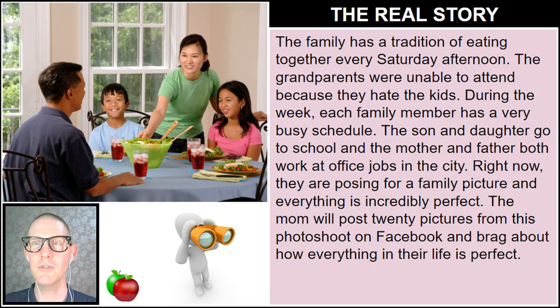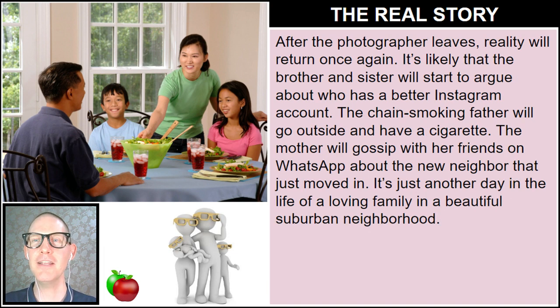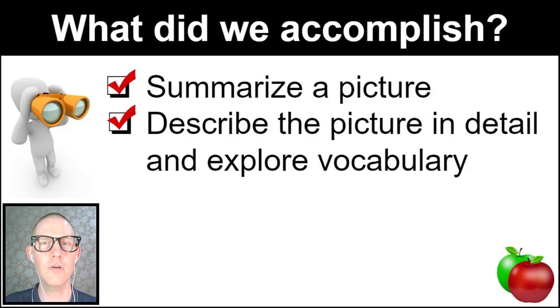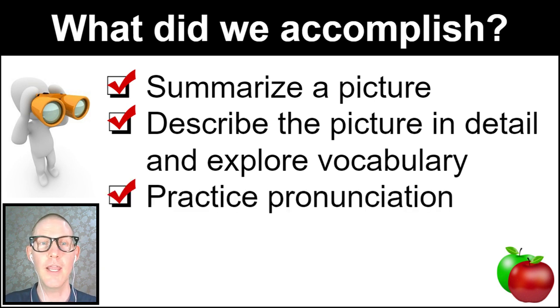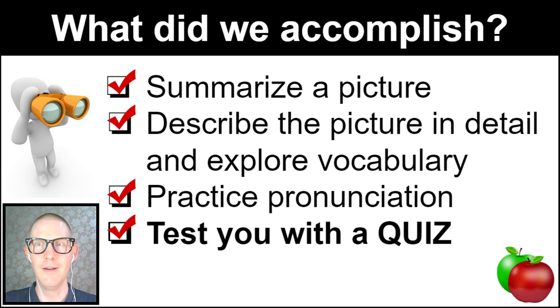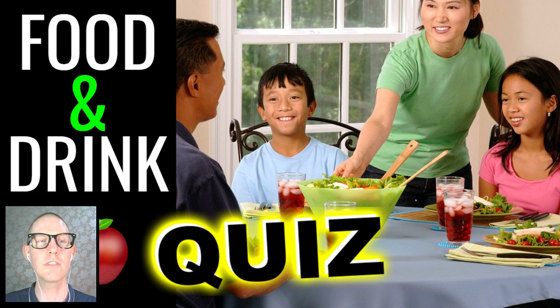And we also added extra juicy details that you can't tell by looking in the picture, but we can use our imagination and make things more interesting. All right. And we also explored the vocabulary. Yes, we did. And we practiced pronunciation, right? I read through what I typed and you guys repeated after me. All right. And we tested you with the quiz. Yes, we did. All right. So that's what we covered in this lesson today.